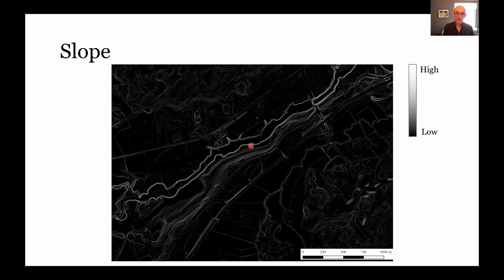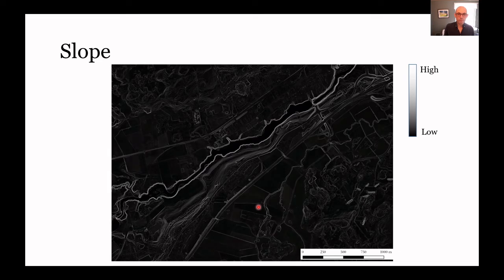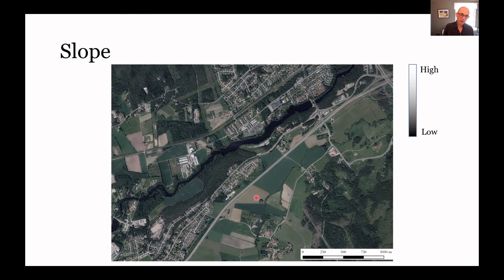So here we have a higher gradient, a steeper slope. Whereas elsewhere things tend to be reasonably flat or change elevation quite slowly, so that we don't get these distinct lines. So this is slope. And we can see how the steep banks of the river match up here on the aerial photograph. So that's connecting slope back to features that we can see in the aerial photograph.